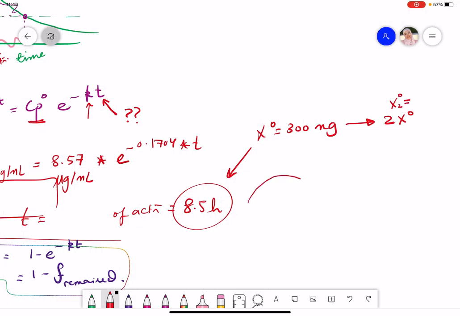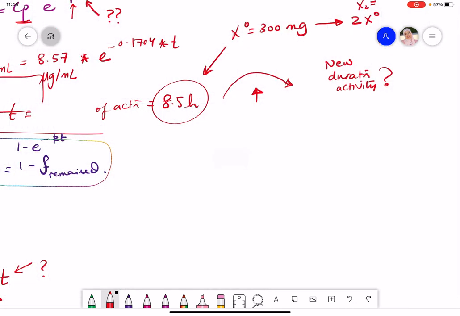What would be the new duration of action? And if I know this, what would be the increase in this duration of action? If the dose is different, then the new C_B naught would be the second dose over VD, which is constant.